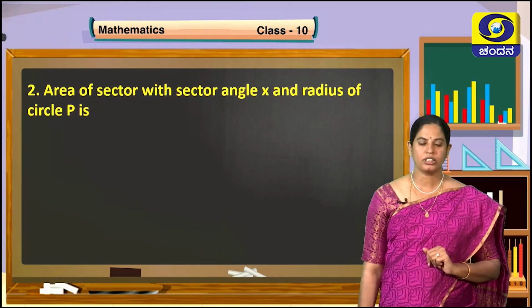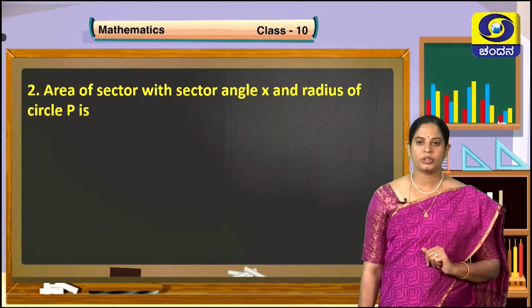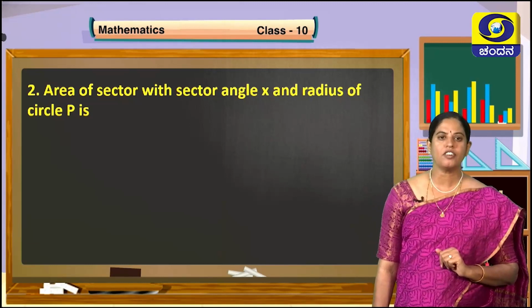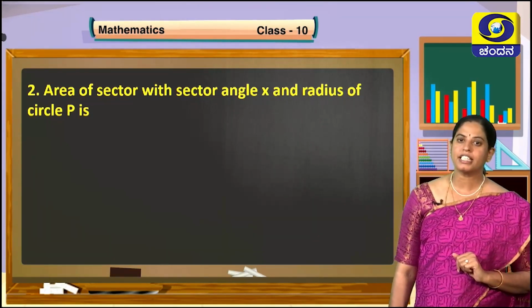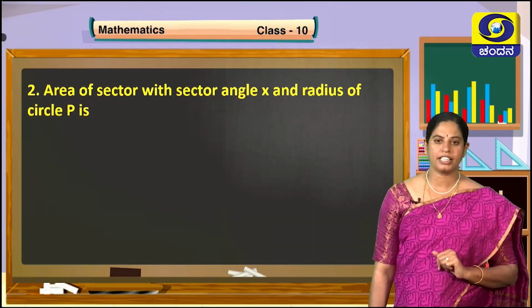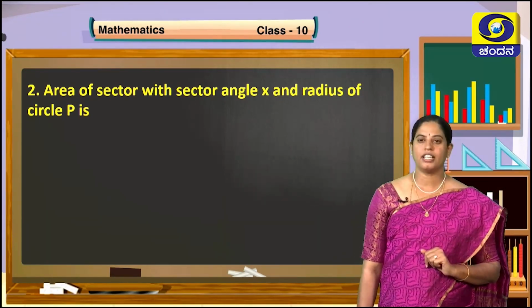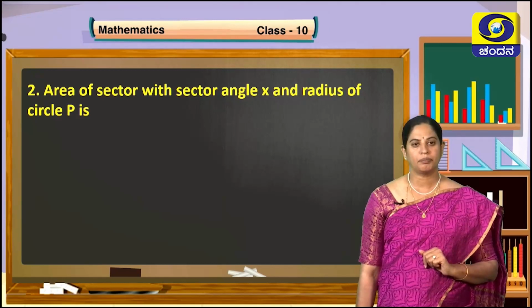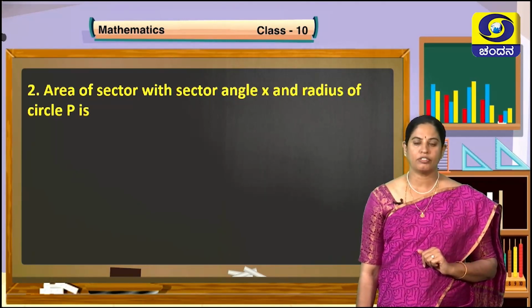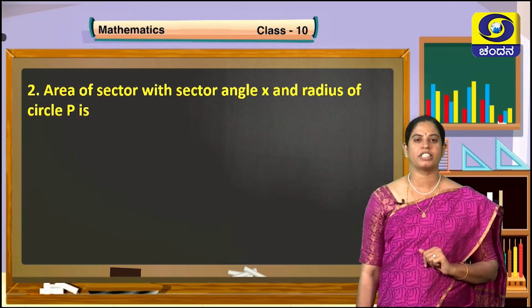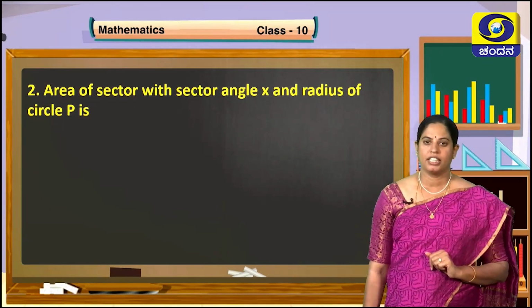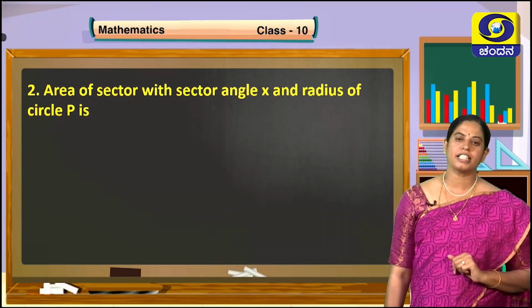The question is as follows. Along with me, you also read the question, children. Area of sector with sector angle x instead of angle theta. Here they are mentioning the angle as x, and radius of the circle is p. We have to express the area of the sector formula in terms of angle x and radius p.